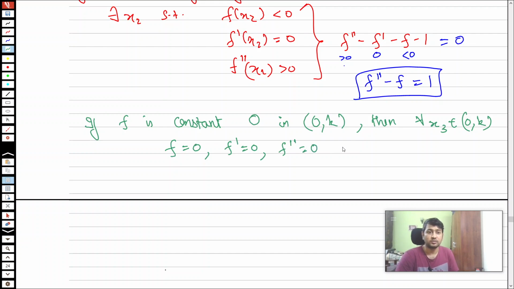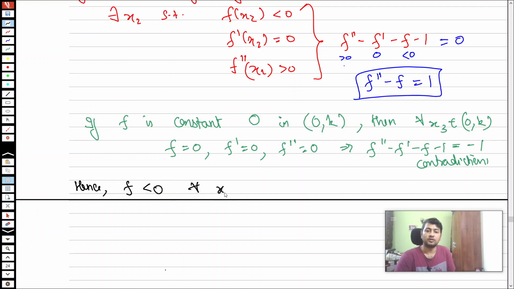So this would imply that f double prime minus f prime minus f minus 1 will be equal to minus 1. So that's a contradiction. So the final result is that f is less than 0 for all x belonging to (0, k). So it cannot be constant also.